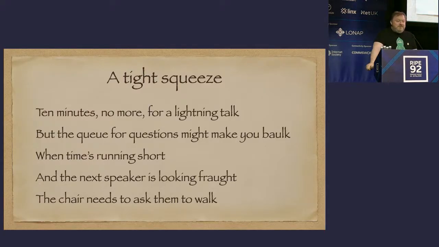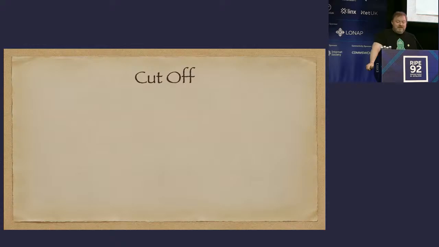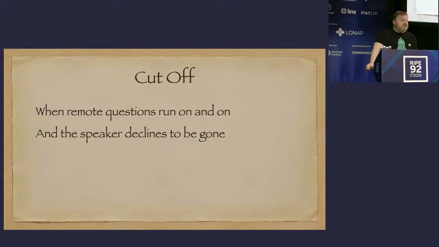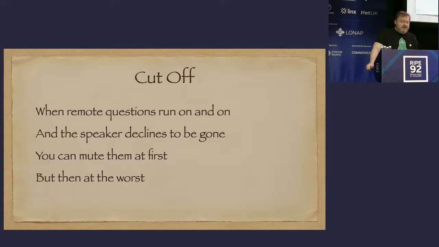I mean, there's a sequence to this. Apparently, this limerick was written early in the week, and then there was a later submission, which was this one. Cut off. When remote questions run on, and the speaker declines to be gone, you can mute them at first, but then at the worst, hang up and withdraw the renom.